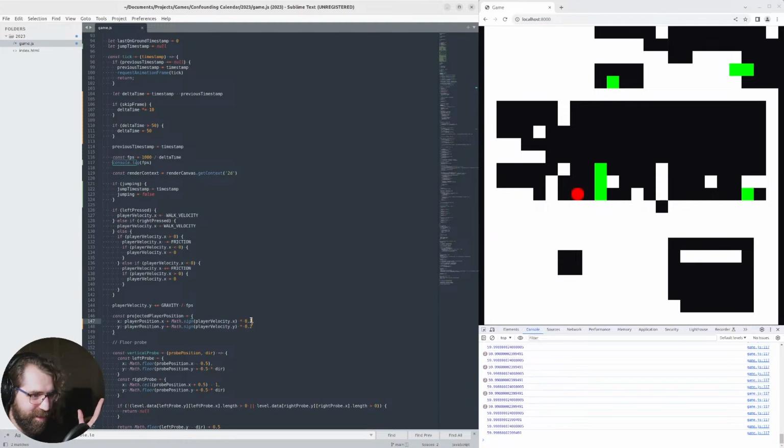What were these numbers? I should just change it back to what it was, right? Although this should still be good. Shouldn't it? I guess maybe... Why is it going faster?